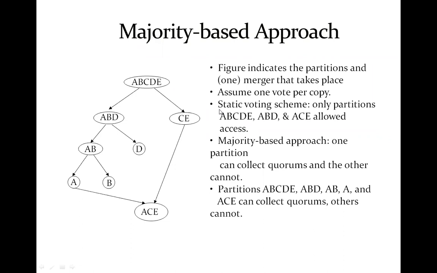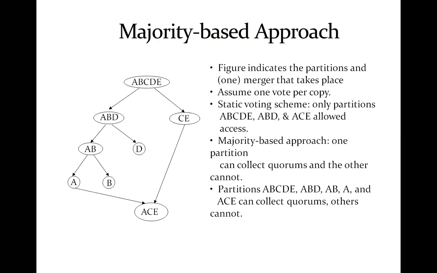Now, in this majority-based approach, once a system is partitioned, the protocol selects one of the partitions where the read or write operations can be performed. The partition selected is the one which will be able to form a majority in the configuration that existed before the partitioning.